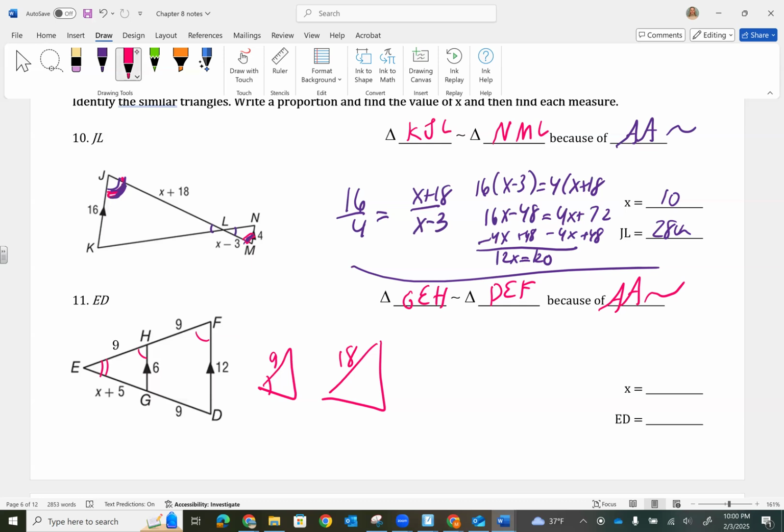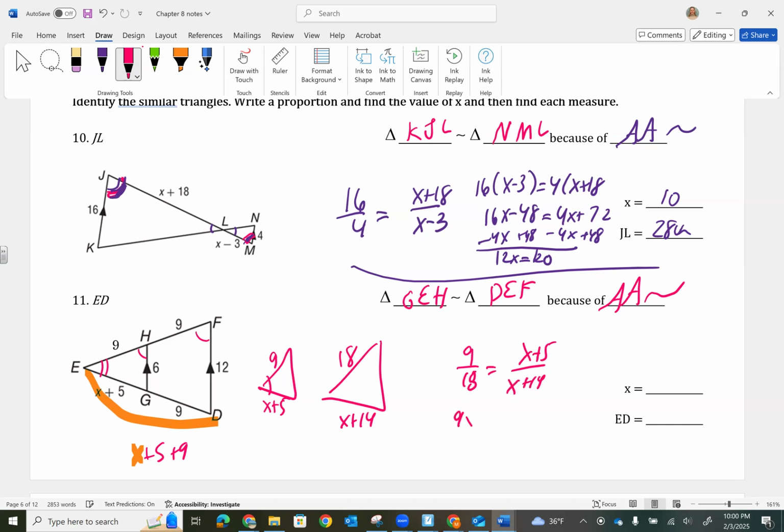Okay, and then if that's 9, that's 18. And then if this right here is x plus 5, then this entire side, which is kind of tricky, you've got to combine like terms. You're going to do x plus 5 plus 9 and get x plus 14. So writing a ratio, you could do 9 over 18 equals x plus 5 over x plus 14.